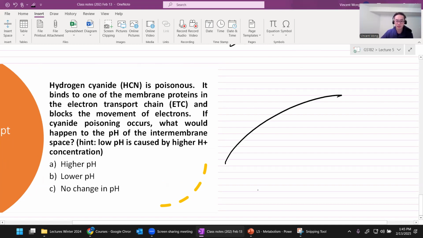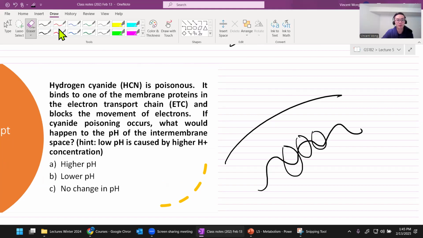So once again, you are familiar with this drawing, and normally we have our membrane proteins there, and you'll be pumping H plus into the intermembrane space. What they're saying here is we have the hydrogen cyanide, which is going to block the ETC essentially.